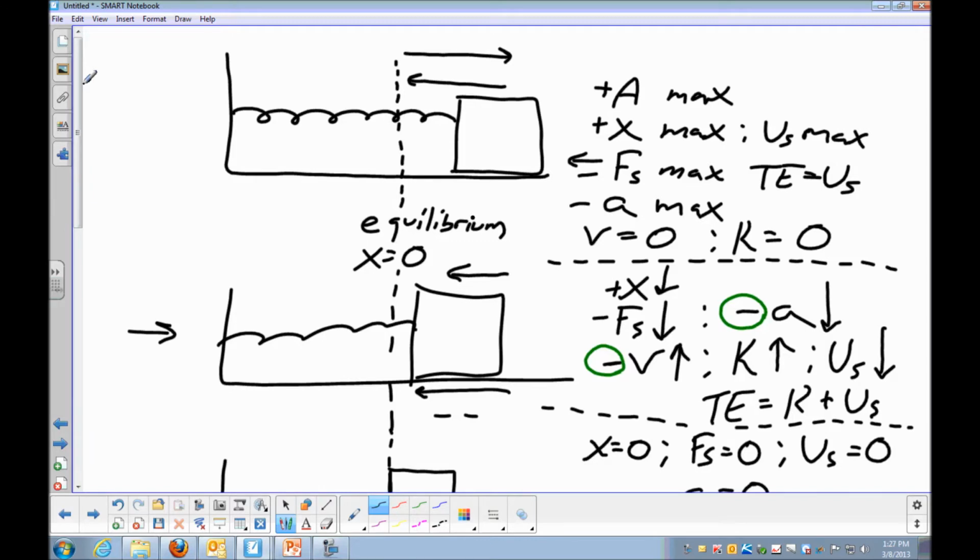So these spring problems are kind of an interesting problem because what they require us to sometimes think in terms of is what's going on with acceleration, velocity, kinetic energy, potential energy. They're very straightforward. You just have to take your time and think carefully about what is going on with the box. What's the direction of the spring force?